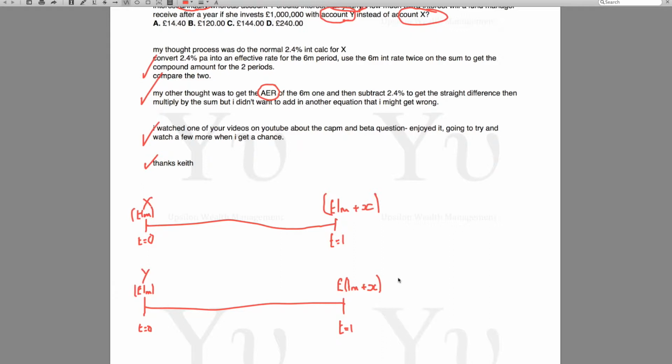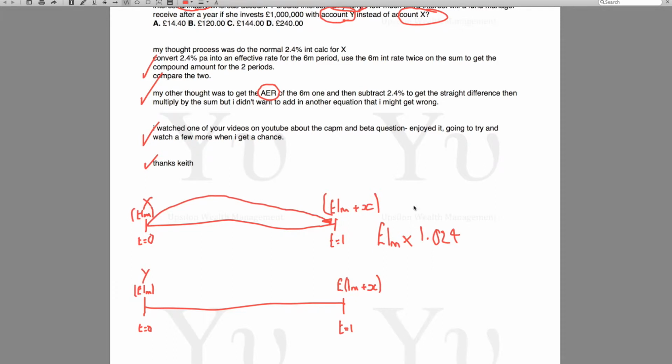Let's have a look at what's going on. With this timeline, we've invested £1 million and we only have one compounding period. We get to X, which is 1 plus X. So let's have a look at what the calculation is. We have 1 million times 1.024.